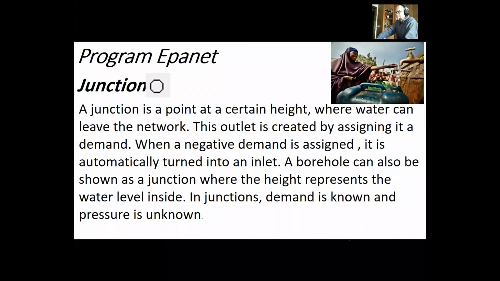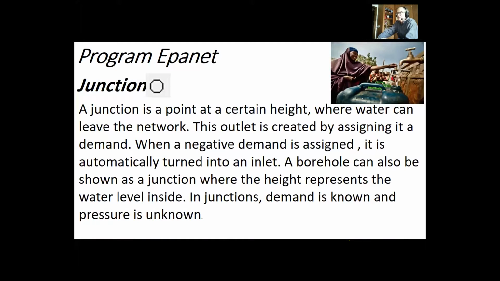The junction. A junction is a point that has a specific height. A junction can be a tap stand, for example. In that case, you have to give the junction the demand. A junction can also be a change of slope without any type of demand.